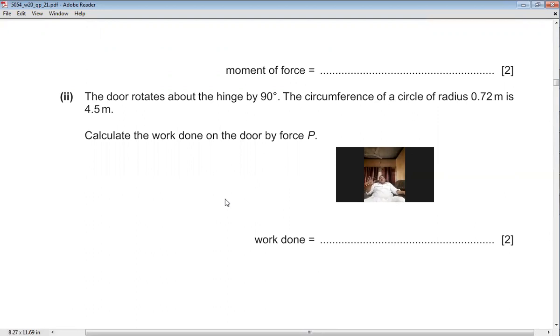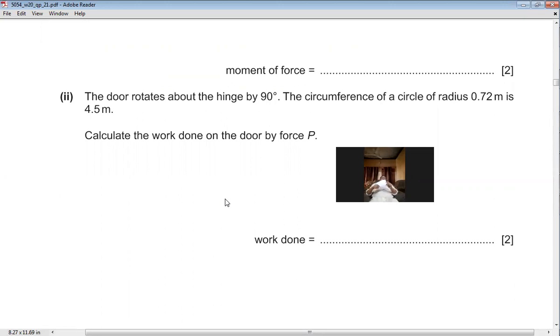So if the door only rotates 90 degrees, it means only 1/4 of the circumference is covered. Because the door rotates only 90 degrees, the door moves only 1/4 of the total circumference.